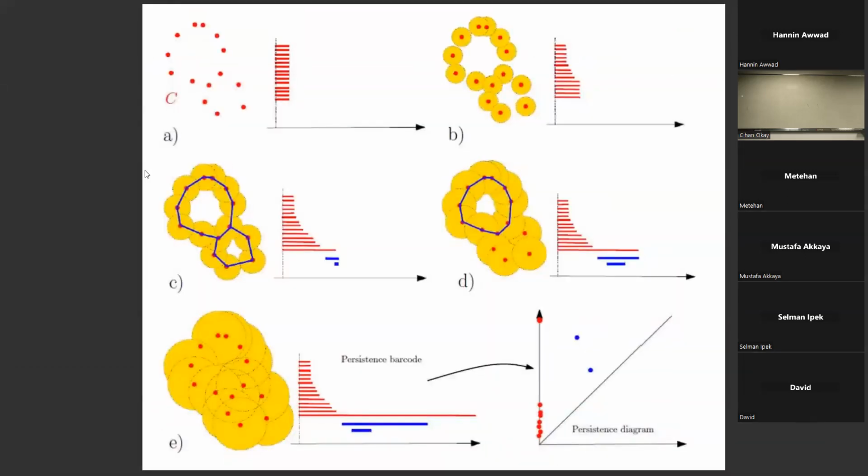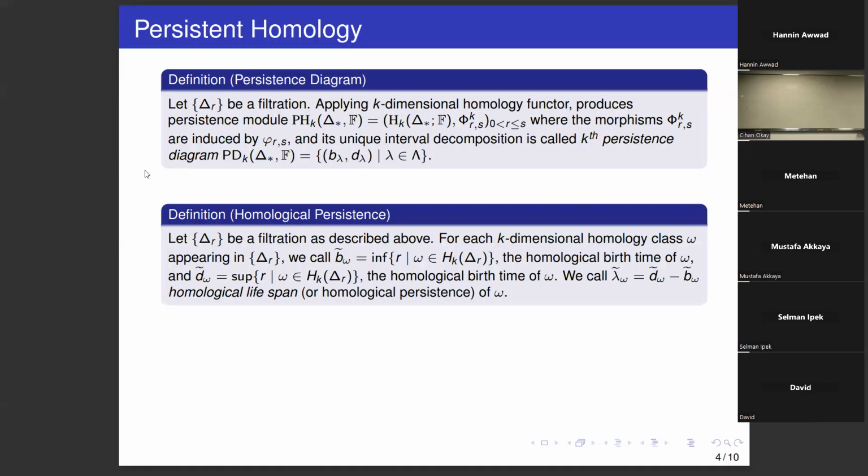Now I'm going to confuse you just a little bit. What I told you is, I am lying here, because the whole structure comes from a very deep interval decomposition theorem, the modules stuff, and it's very algebraic.